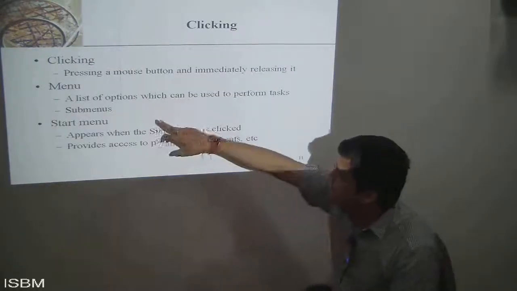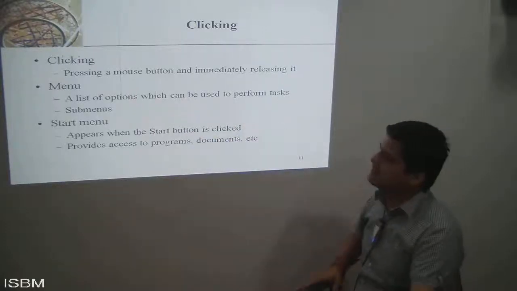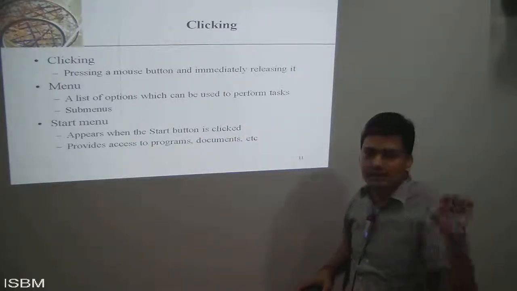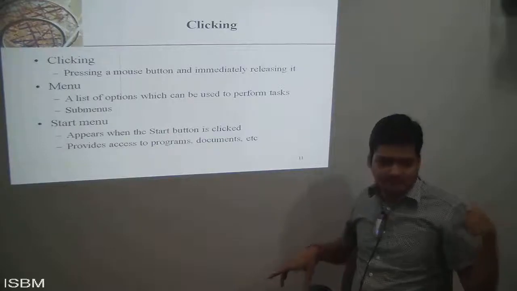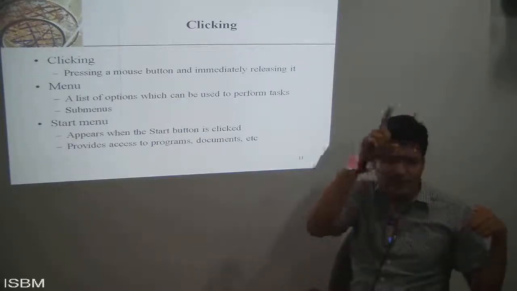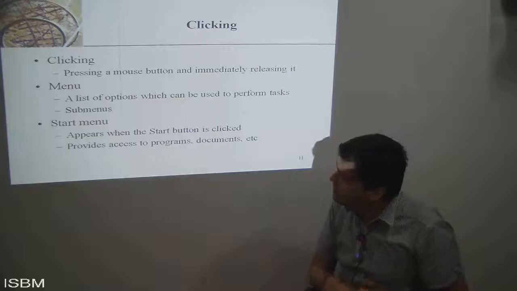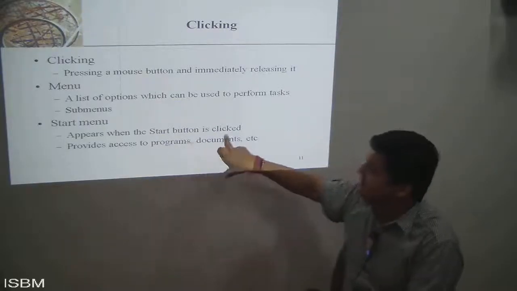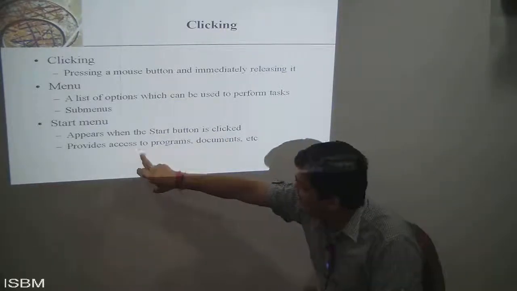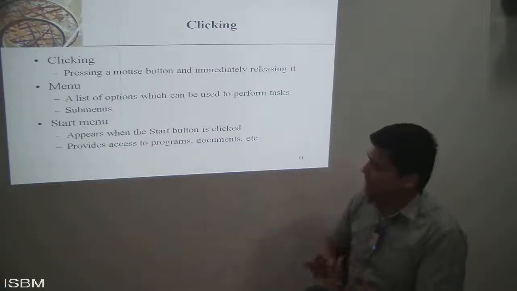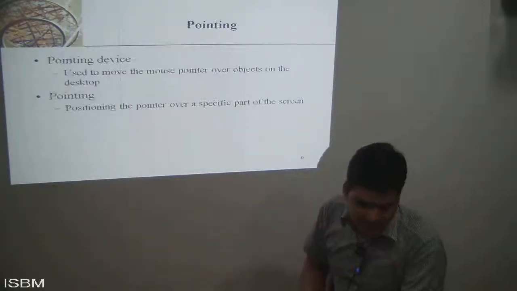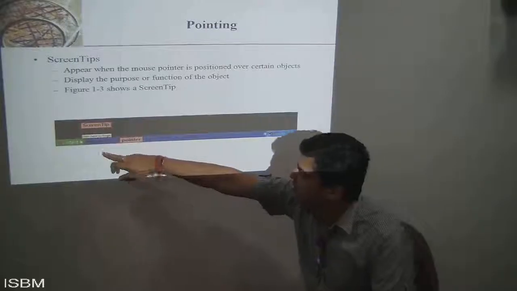Then menu, a list of options which can be used to perform tasks, and submenu. Start menu, it's like a start menu is there. So with the help of the start menu, you can find out each and everything. It appears when the start button is clicked and provides access to programs, documents, etc. There is a lot of things. See, there is a start menu. This is called a start menu.